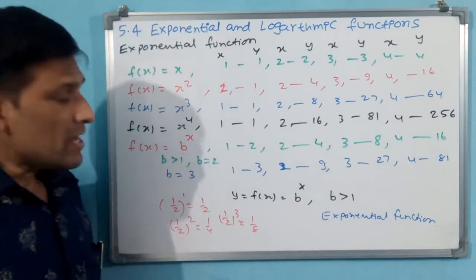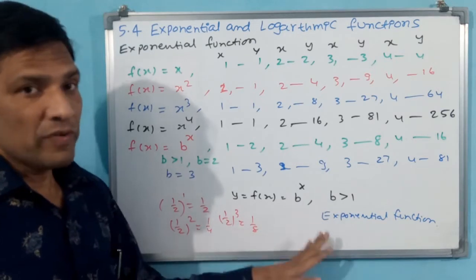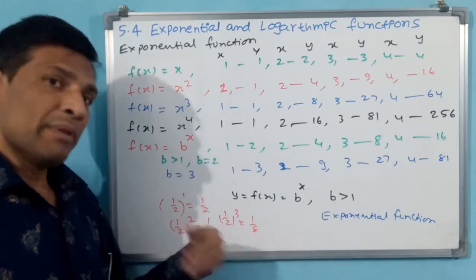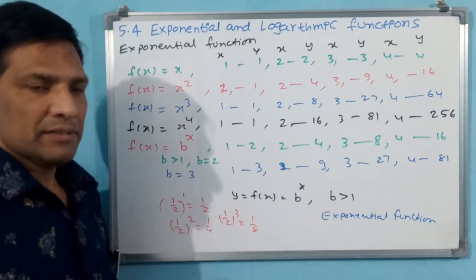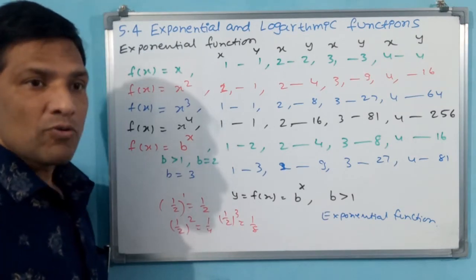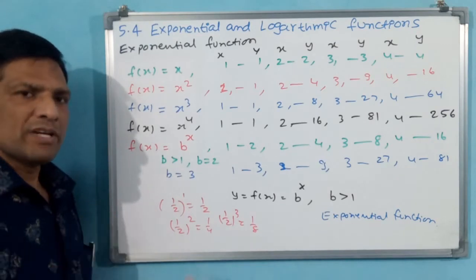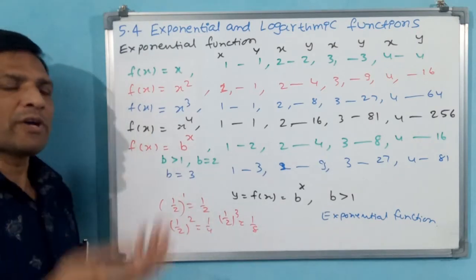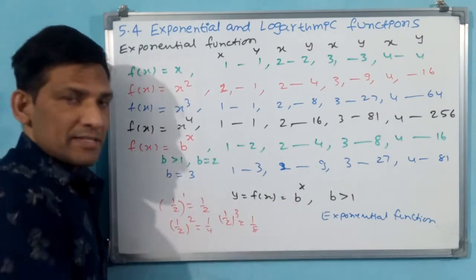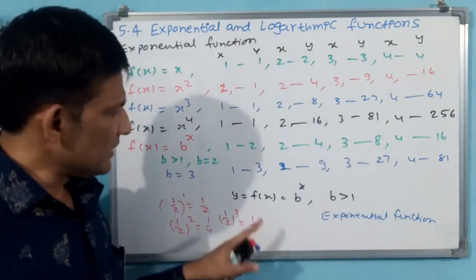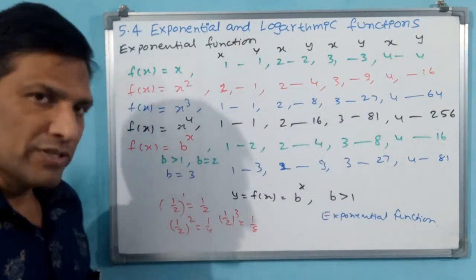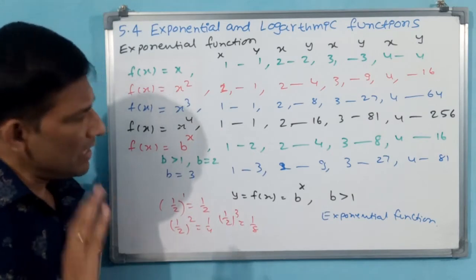Here the base you are going to fix, but any base. I am not telling that b greater than 1 means only one value; you can take 1.5 also, 2 also, whatever it may be. But if you take such that exponential growth will come, that is why this function is going to be called an exponential function. Okay, understand.